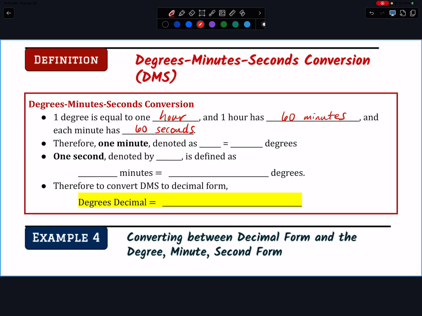So therefore, when we're doing this conversion, 1 minute we denote as 1 with a little apostrophe. If I convert minutes into degrees, 1 minute, you guys agree, is 1/60th of an hour? Does that make sense? So that means that 1 minute is 1/60th of a degree.